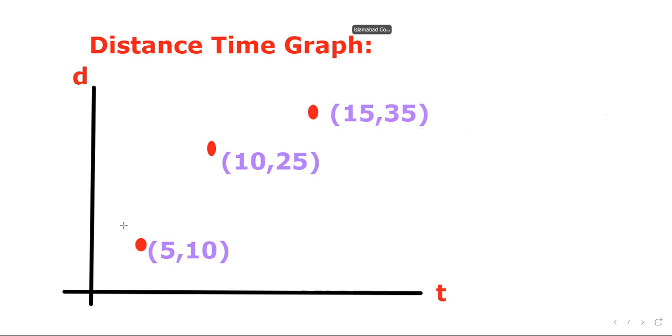For example, this is our starting point. Now the gradient of these 2 points: the first point is our origin. Origin has 0, 0 coordinates.